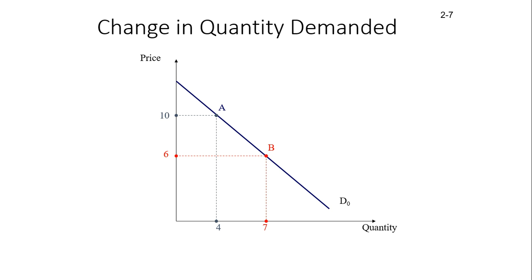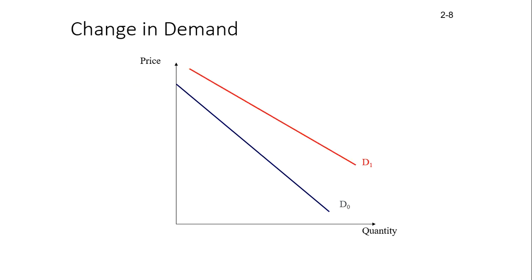Okay? Now, let's see how that differs from a change in demand. So, initially, we had this as our demand curve. Remember, I've said that with a change in demand, there is a total shift in the demand curve.